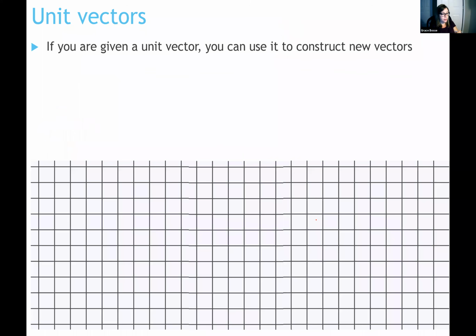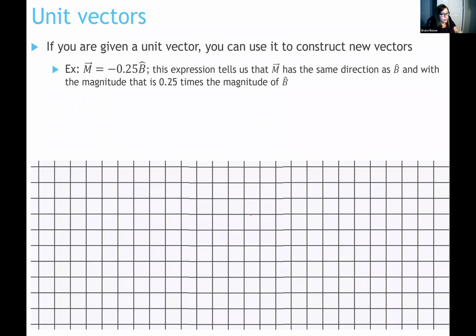So let's try to do that. If we're given a unit vector, let's try to use it to construct some new vectors. We'll start off with a simple example where vector m is defined as negative 0.25 times unit vector b. So let's say you know unit vector b. It's pointing to the left and it has that length as I've drawn it. I can now express vector m because I know what b hat looks like. So it's negative 0.25 times b hat.